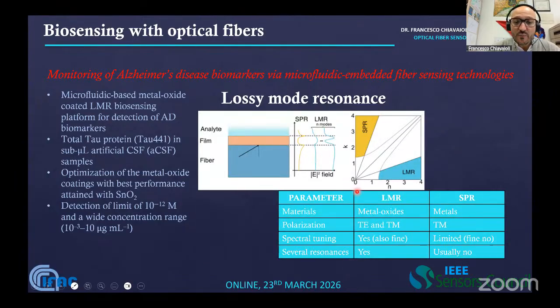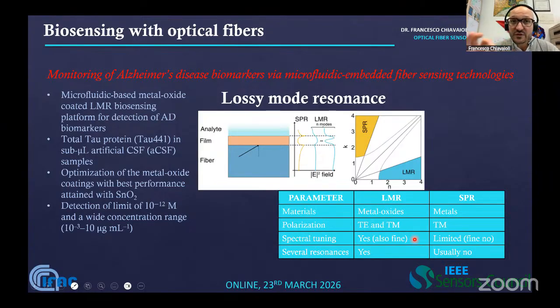Here is the comparison in terms of physical parameters between lossy mode resonance and SPR devices. Essentially, LMRs are excited with metal oxide or polymeric material. LMR has a lot of advantages in comparison to SPR because both polarization states of light can be used in the sensing.